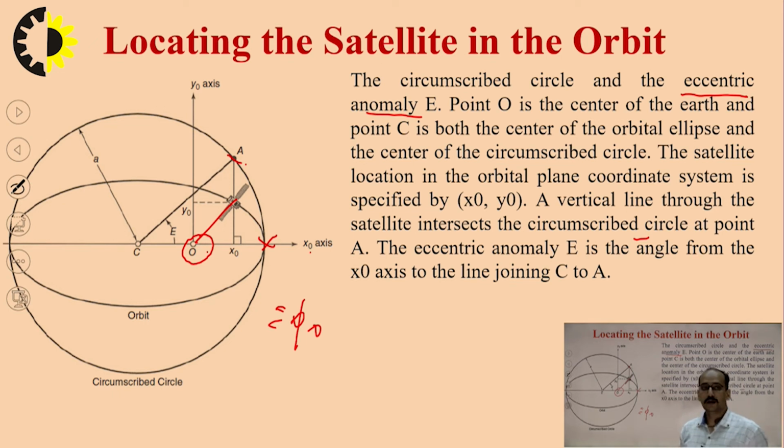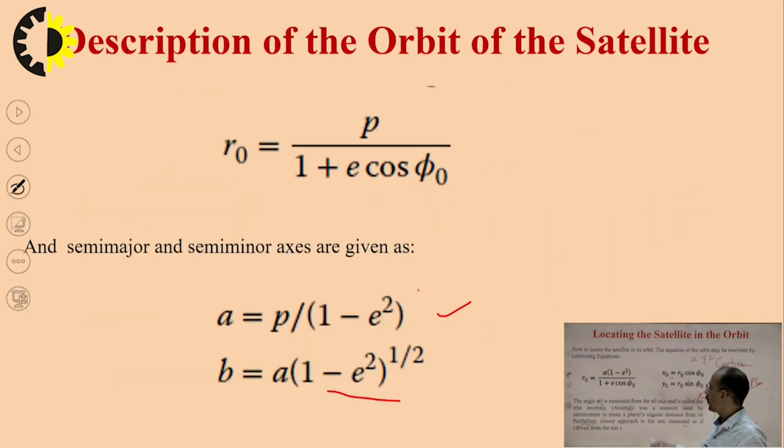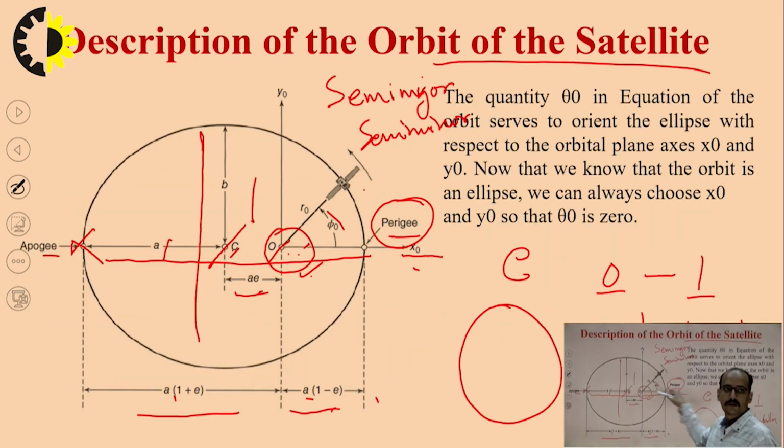Actually, if you want to understand why we are using this: when the satellite is in space, there are three positions. The first position is on the Earth. When the Earth station is locating the satellite, that is with respect to the Earth, which we will discuss later. The second point is about the satellite itself when it is in the orbit, which we are discussing in this part. This is the satellite and this is its orbit.